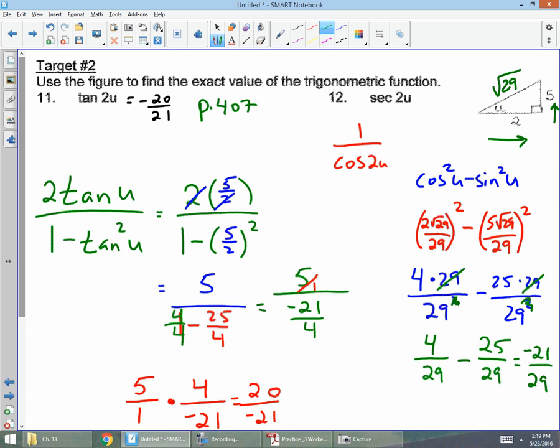That's a cosine answer. So what would the secant's answer be? Well, let's do the reciprocal of that, and we would get 29 over 21, and it would be negative. Built from a triangle, following the formulas on page 407, and using the algebra that we've worked on.